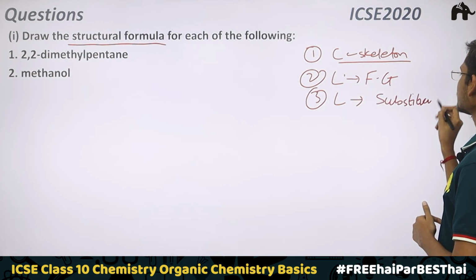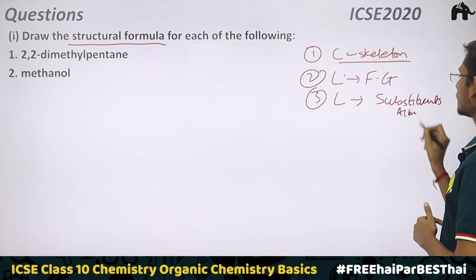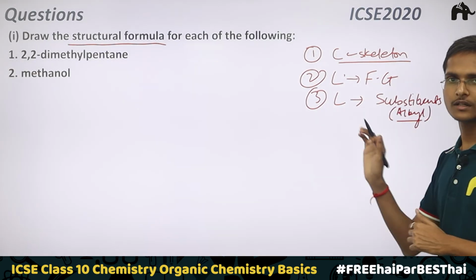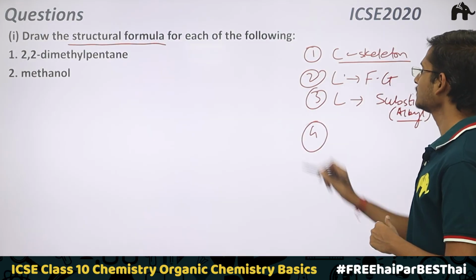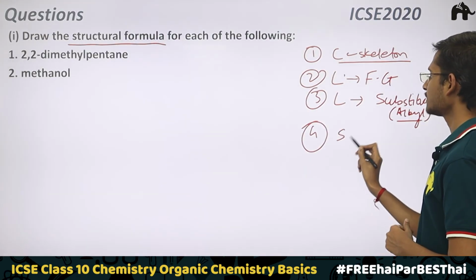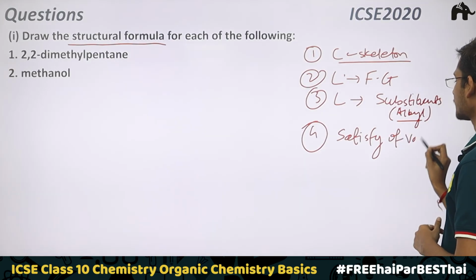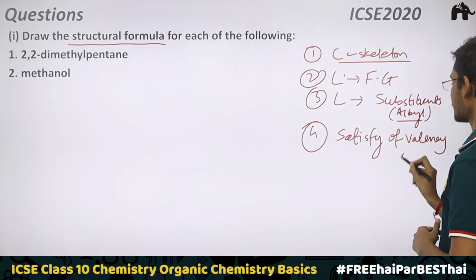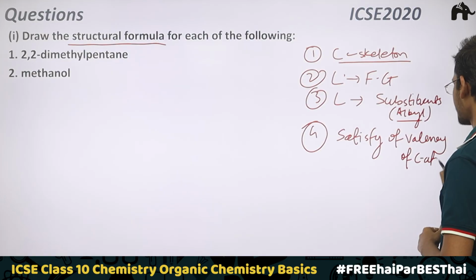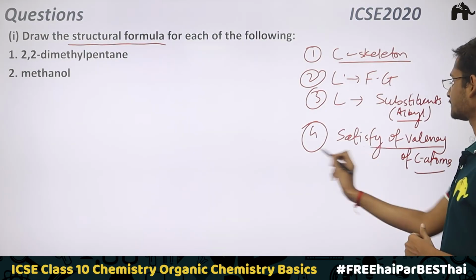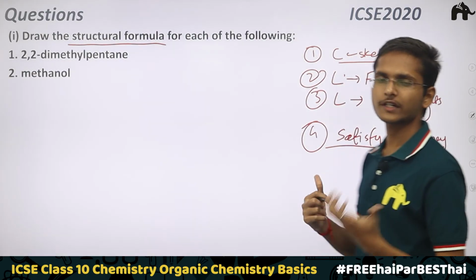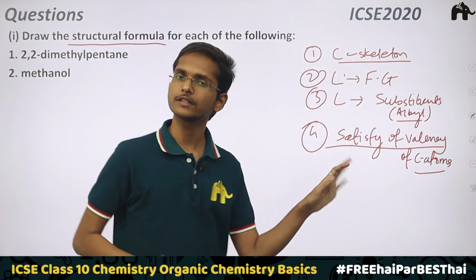Here substituent means alkyl groups, because we are concerned only with alkyl groups at this level. Lastly, satisfy the valency of carbon atoms. We know carbon atoms are tetravalent; they form 4 covalent bonds.